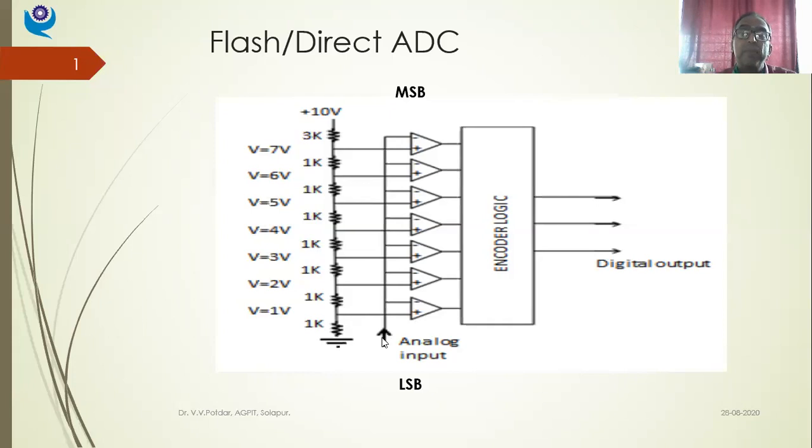Now this is my signal which I obtained from my sensor or transducer, which is an analog signal. Now this is to be converted into the digital form. This is our objective.